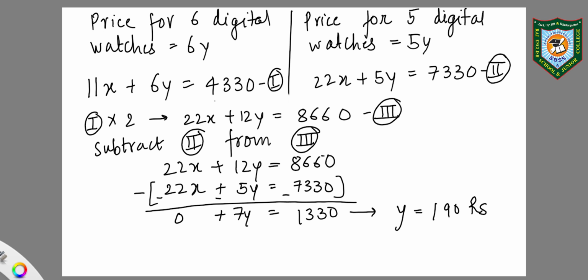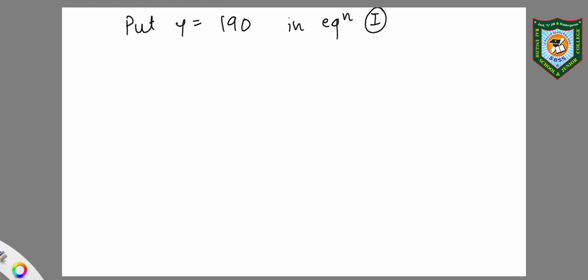So I'll put y is equals to 190 in any of the equations and I'll get my value for x. So I'm putting it in equation number 1. My equation number 1 is 11x plus 6y is equals to 4330. So 11x plus 6 into 190 is equals to 4330.